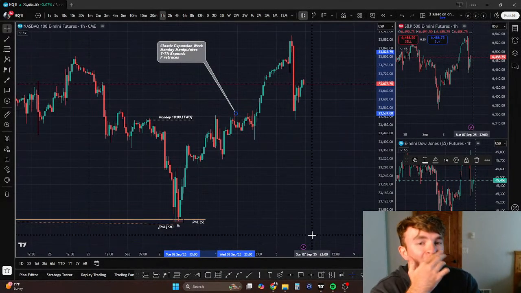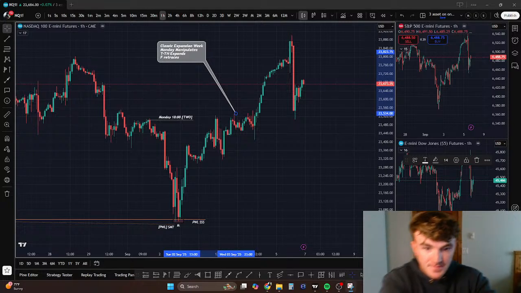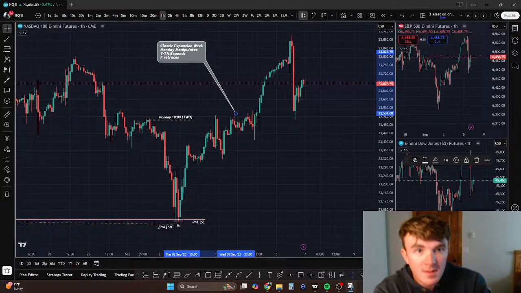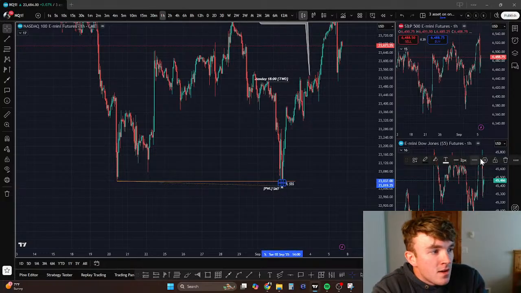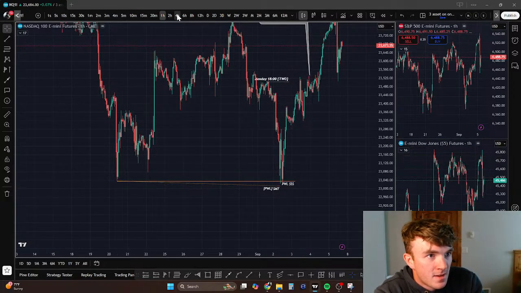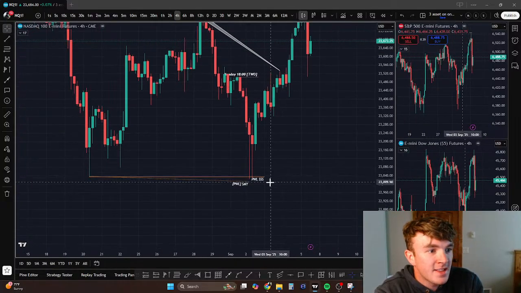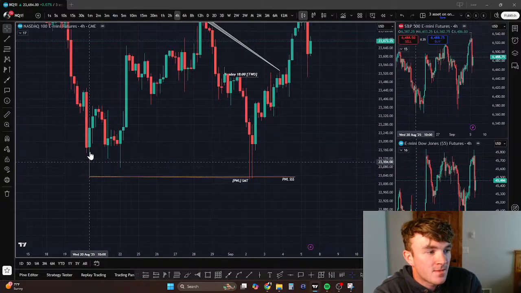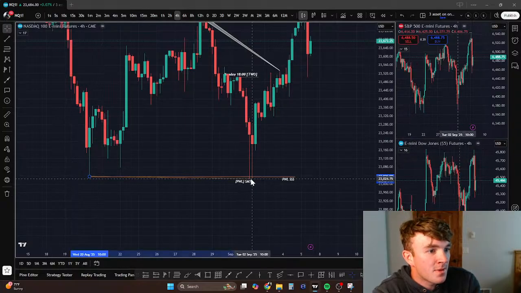So, okay, let's try and figure out what key level we ended up using. Honestly, I kind of like this 4 hour rejection block, because this is really obvious, and you can see on the S&P, we end up holding it, and on NAS, we sweep it.